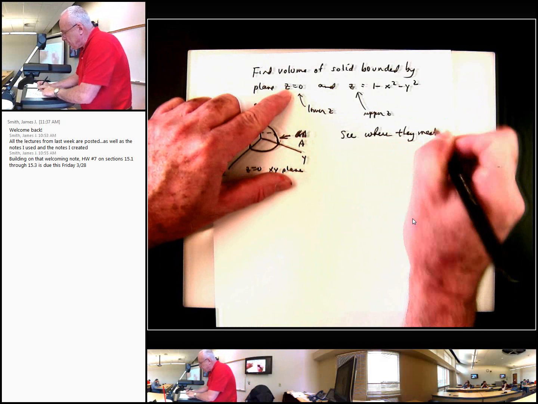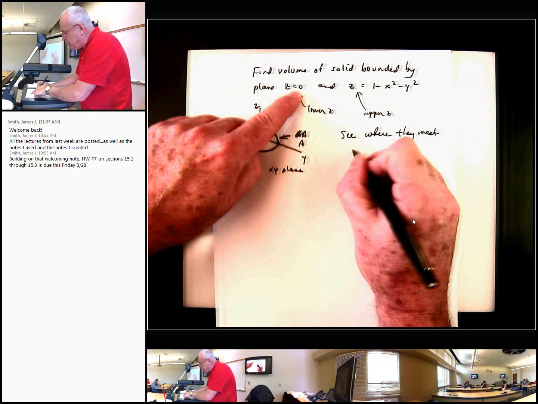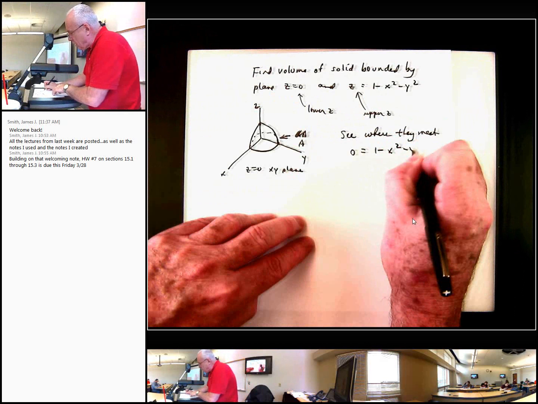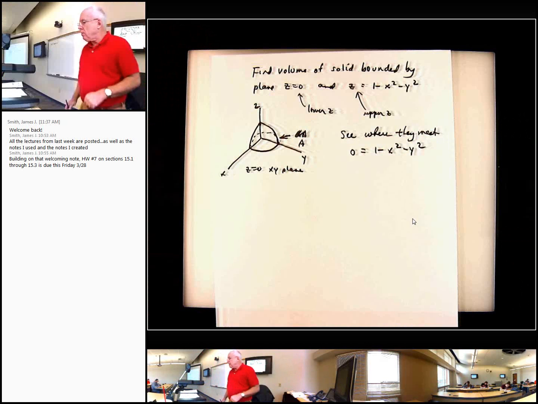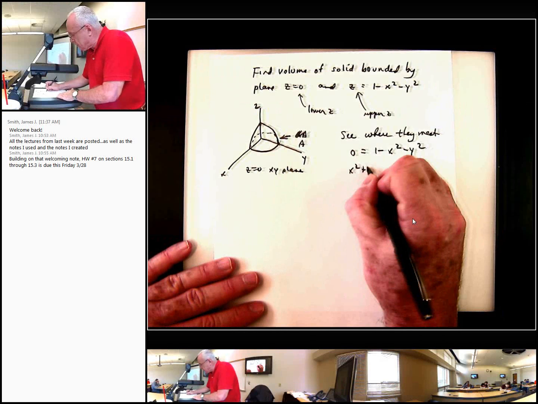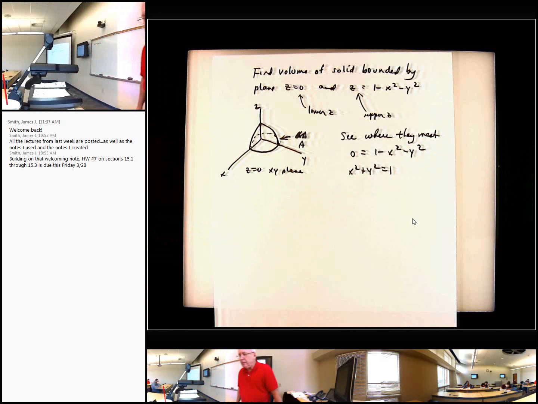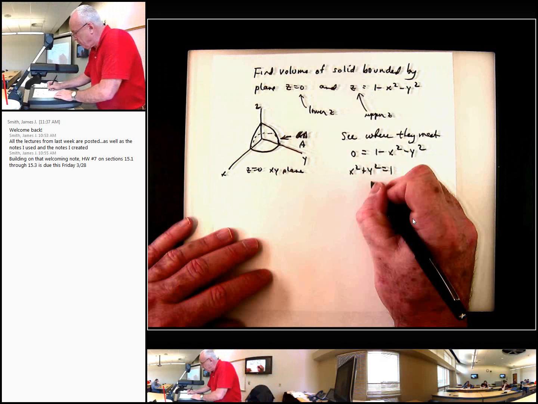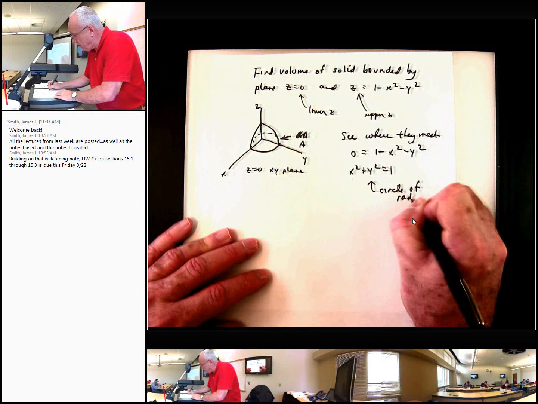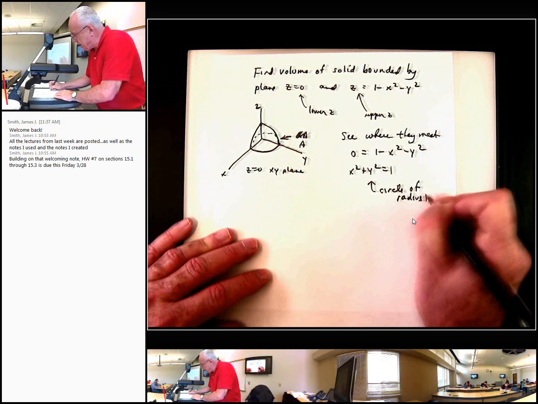In other words, I take z equals 0 and z equals 1 minus x squared minus y squared, and let me add x squared plus y squared to both sides. We get that they meet in this circle of radius 1 on the xy plane.